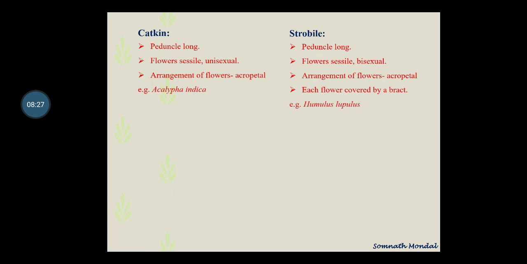Example is Humulus. Now this is catkin on your left and this is strobile on your right. Point is at the base of each flower there is a bract.